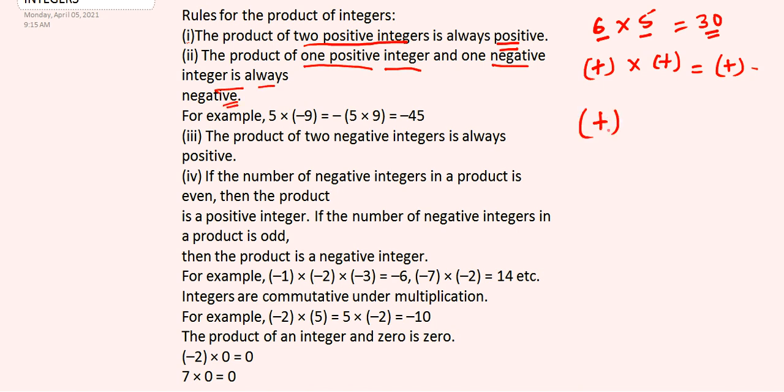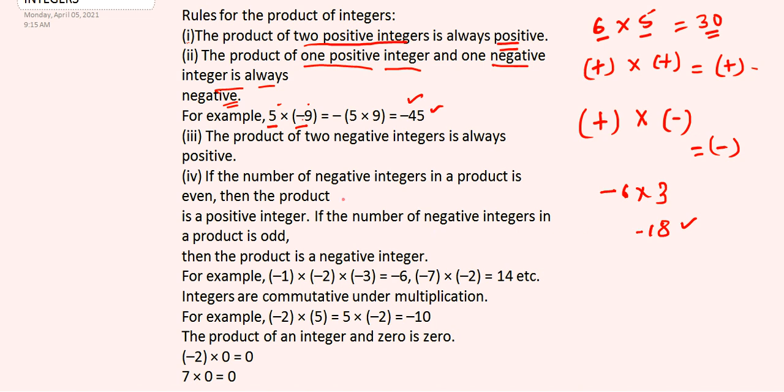One positive integer into one negative integer, your answer is always a negative integer. Okay, as you can see, 5 into minus 9, so 5 9s are 45 and one negative sign is here, that's why we have to write minus 45. Some more examples, minus 6 into 3, as you know 6 3s are 18 and one negative sign we are having here, so we have to write minus 18.